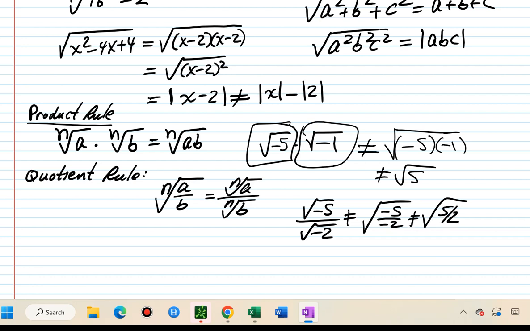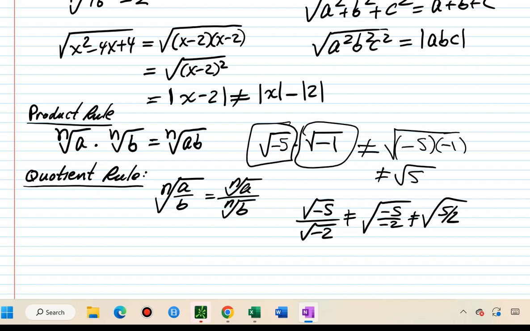We are not allowed to do this. But if one of them is actually real, then we could. In other words, at least one of these roots must be a positive, real number. So there's the quotient rule.